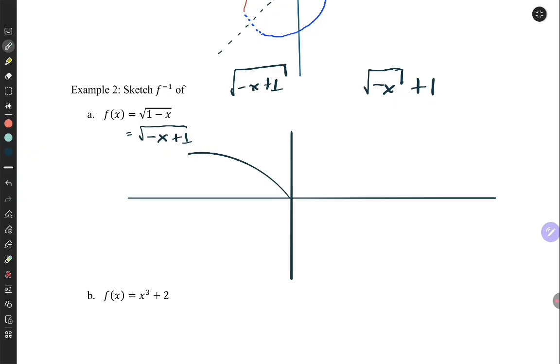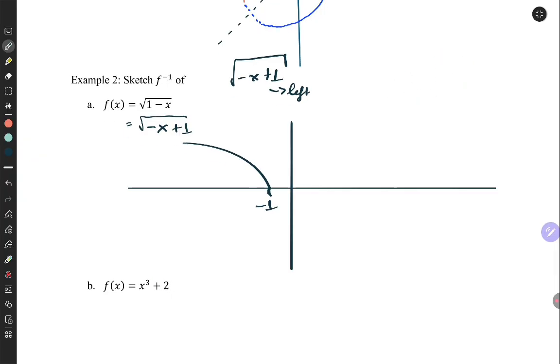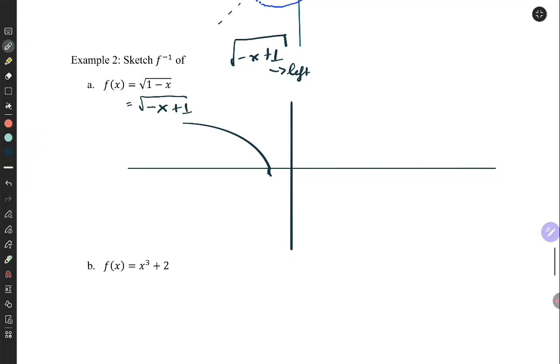Oh yeah, you are right, 1 unit. How about the other one? Okay, so this is left. This is up. So maybe you're going to see that. Actually it's down here. All right, so now I know that will be the plot of the original function f of x.